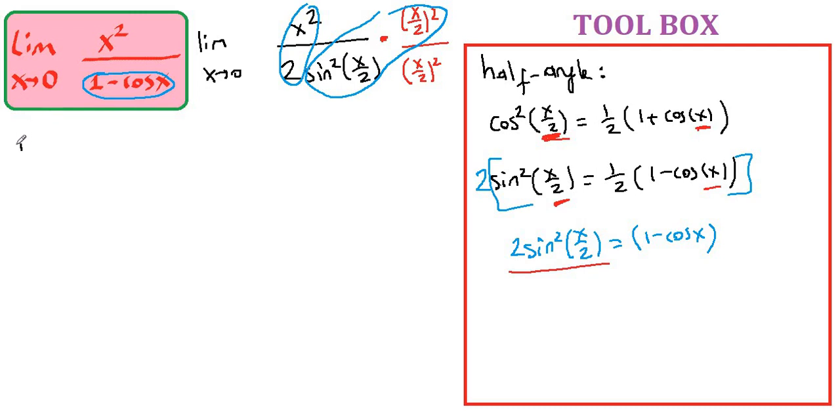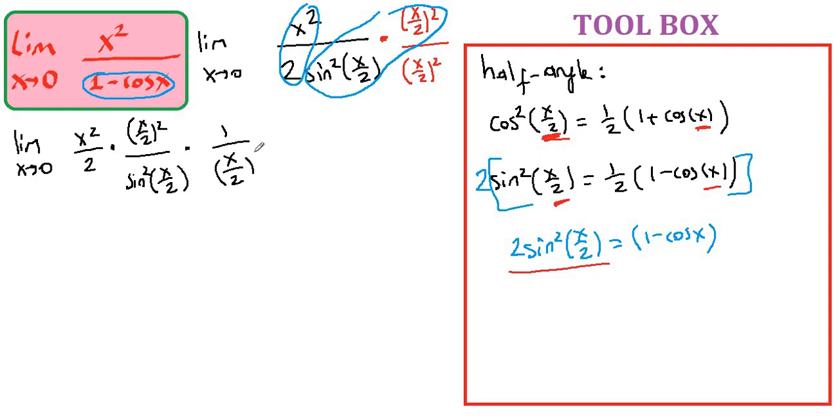So we have the limit as x is approaching 0 of x squared over 2 times x over 2 the quantity squared over sine squared of x over 2 times 1 over x over 2 the quantity squared.